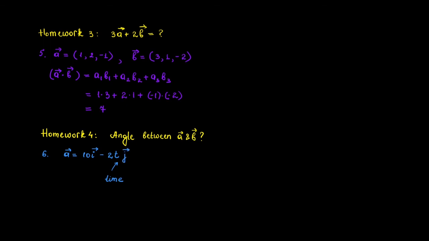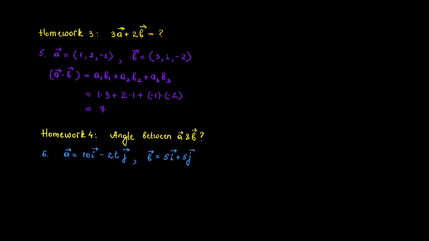J vector, and the second vector B is equal to 5i plus 5j. So you see, A vector depends on time. So we have to find the time when A vector is perpendicular to the vector B, okay? So I hope the question is understandable.